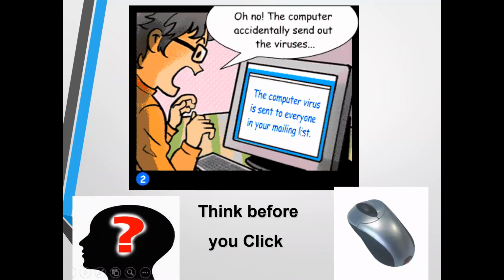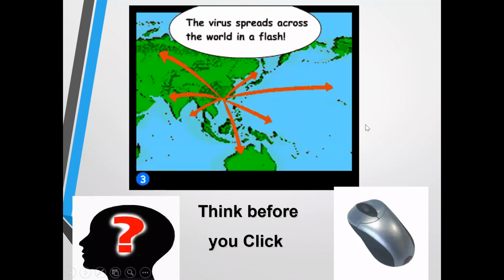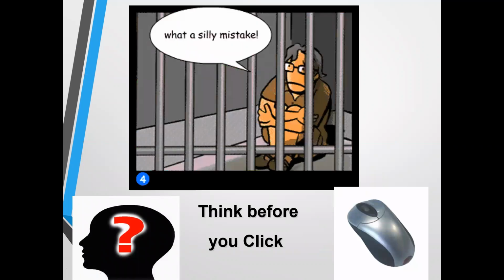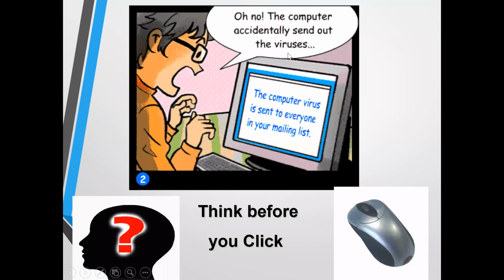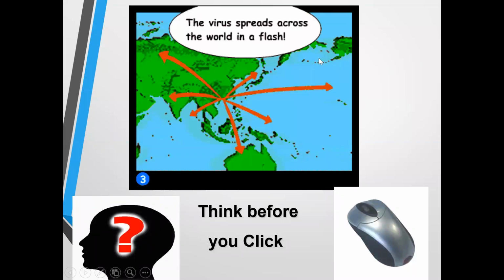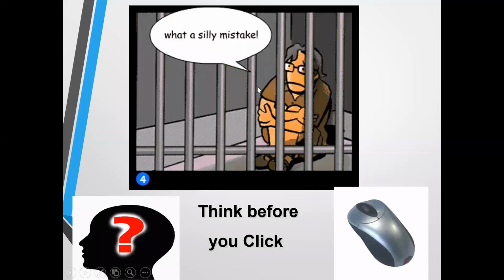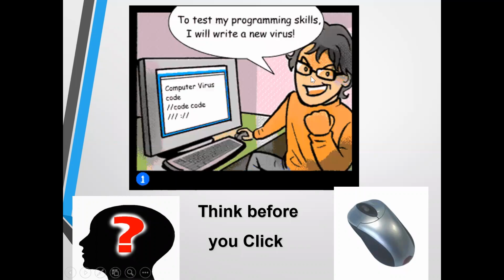Look at this one. This person came up with a virus and said, let us just read it as it comes. To test my programming skill, I need to write a new virus. Oh no, the computer accidentally set the viruses and the virus has spread along the world in a flash. They arrest the person and the person is under arrest in prison.